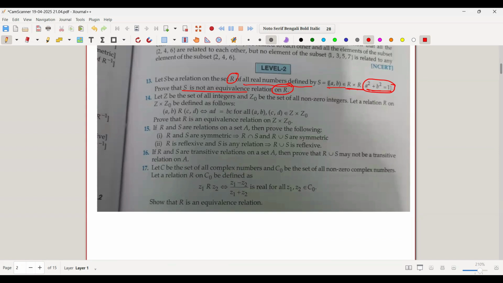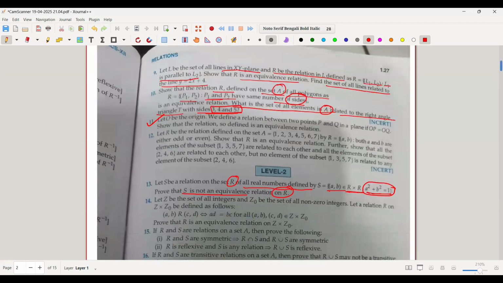Prove that R is an equivalence relation on Z cross Z0.